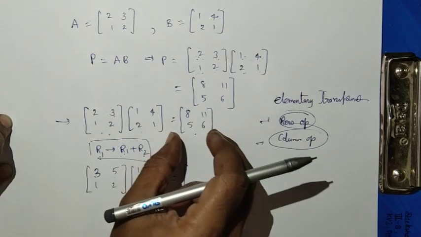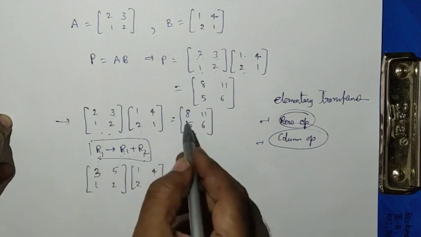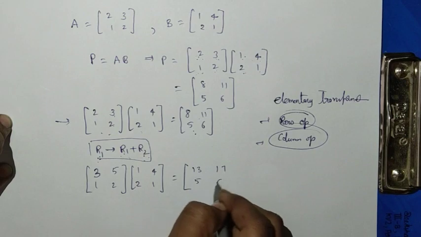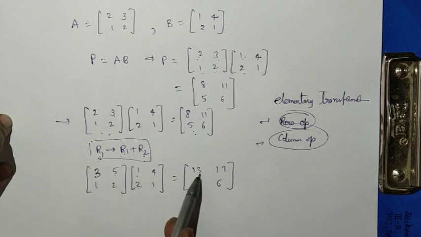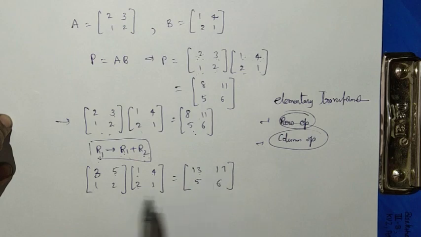The right side matrix is always affected. Product matrix, row 1 equals row 1 plus row 2: 8 plus 5 is 13, 11 plus 6 is 17, 5, 6. Let us check once again. 3 ones are 3 plus 5 twos are 10, 10 plus 3 is 13. 3 fours are 12 plus 5 ones are 5, 12 plus 5 is 17. 1 plus 4 is 5. 4 plus 2 is 6. We are getting it.